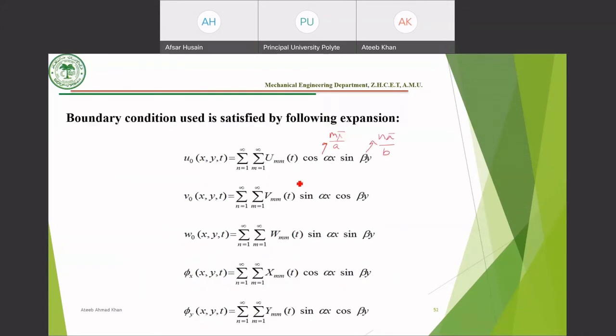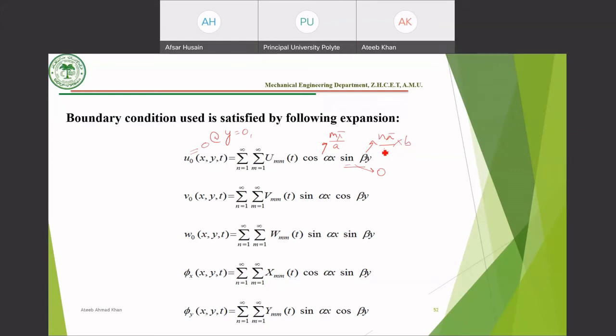So coming back to this equation, if you put y equal to 0, obviously this will give you sine 0, which will be equal to 0. So u naught will be equal to 0 at y equal to 0. And if you put y equal to b, then again you will get sine n pi, because this complete term will become n pi upon b into b.